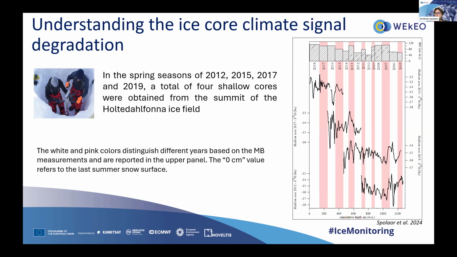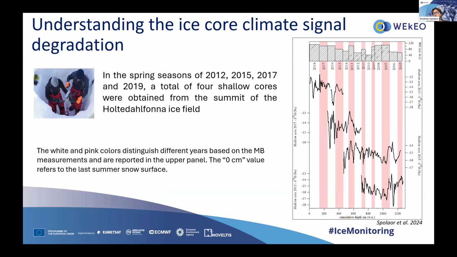But when we move to the cores collected in 2017 and 2019, the oscillation that we were able to see in 2012 and in the 2015 core has completely disappeared. This means that something has happened. The site is no longer usable to reconstruct the past climate conditions, because it has started degrading.